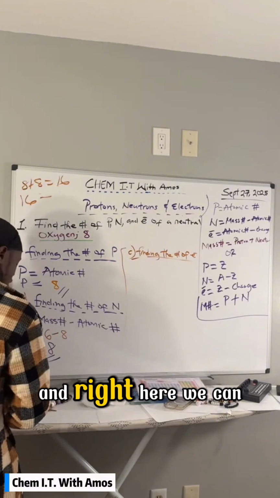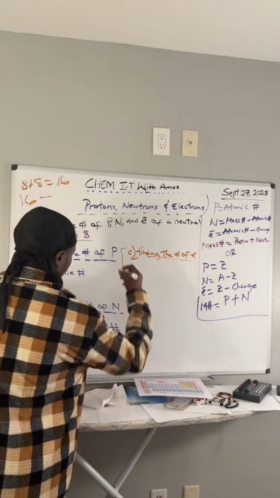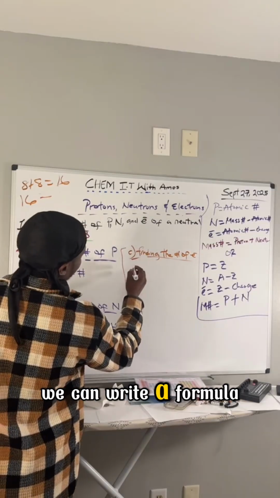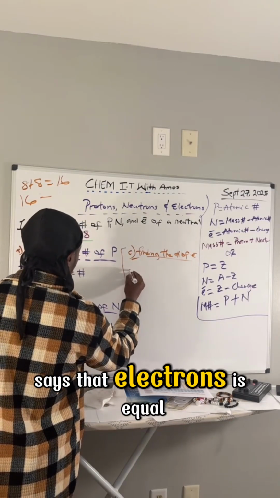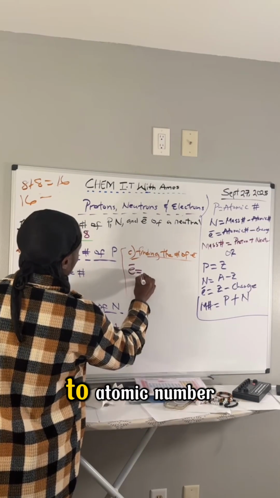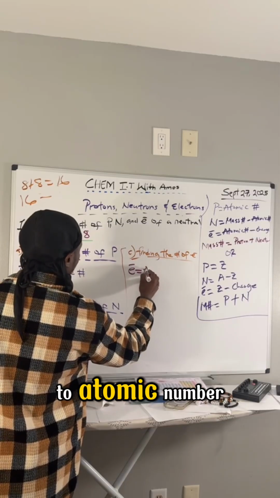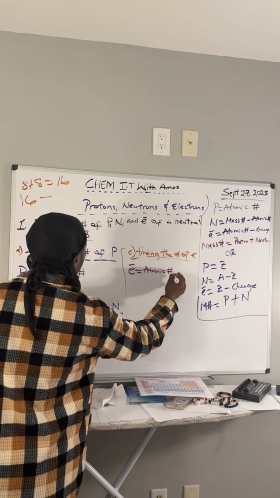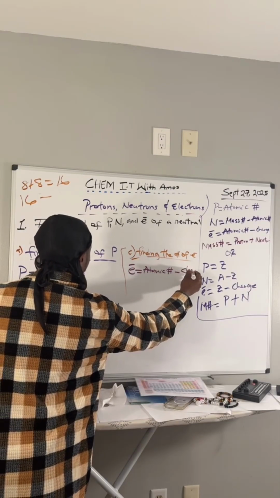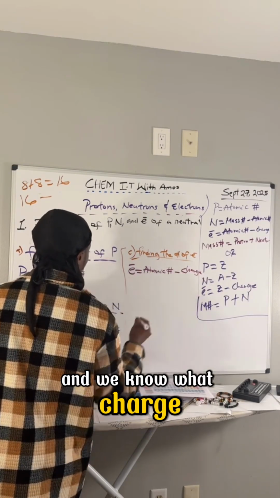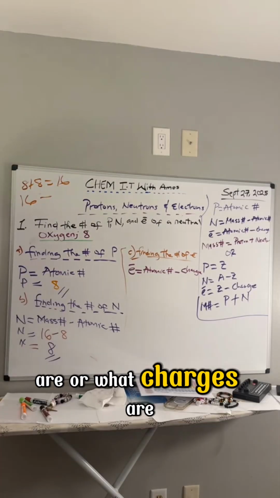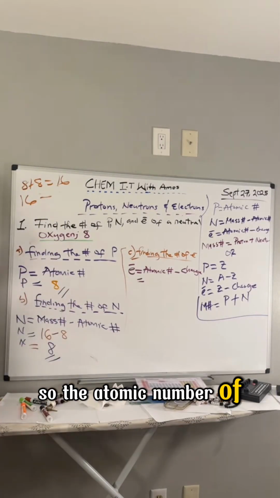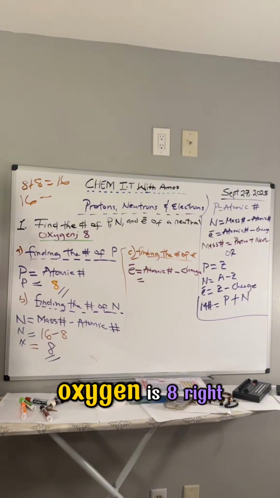And right here we can write a formula that says that electrons is equal to atomic number minus the charge. And we know what charges are. So the atomic number of oxygen is 8, right?